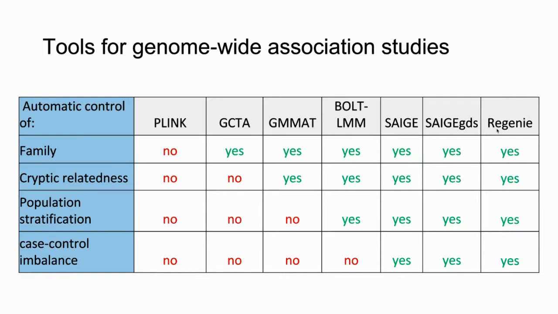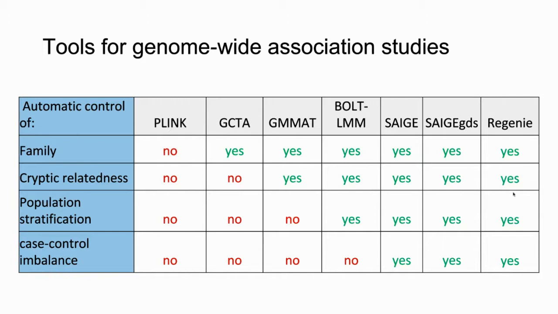Then last year they released REGENIE, which improves on the previous algorithms also, but adds options for different kinds of analysis, like burden tests and gene-based analysis.